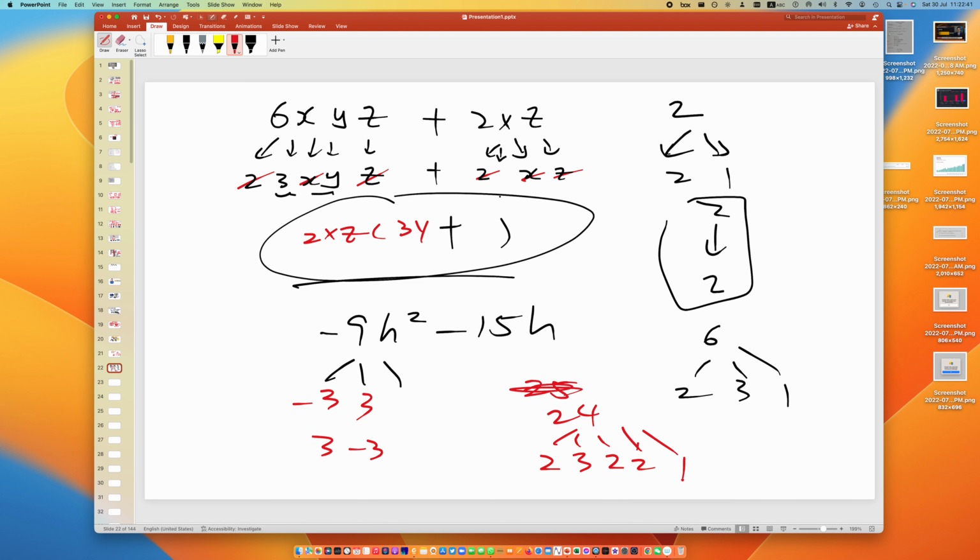All answers are 3, right? But there is only one correct working. So that's why I don't care about the answer. Your working must be right. Basically you have all kinds of possibilities to get 3, but there is only one working that is right. That's why I focus on the working. I don't focus on the answer.